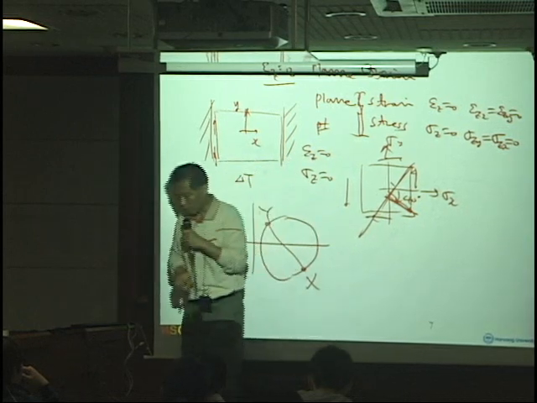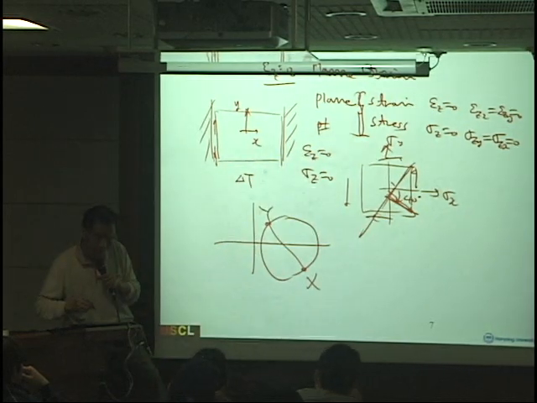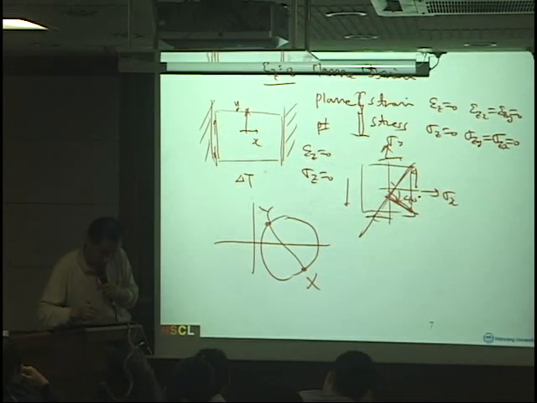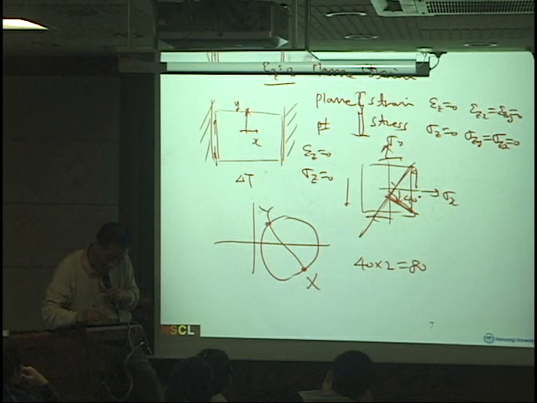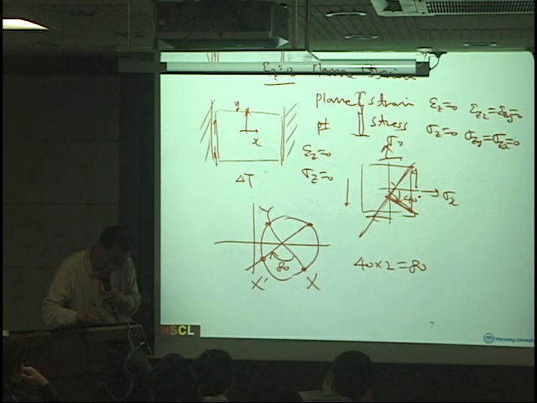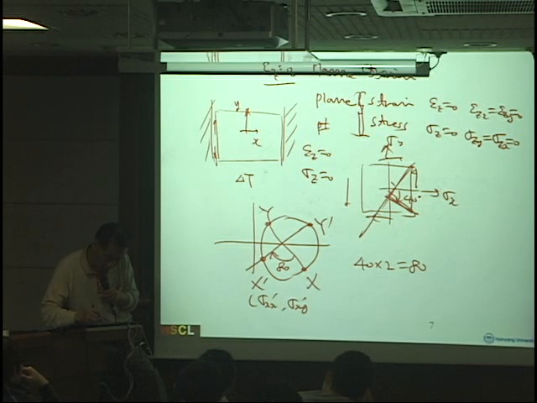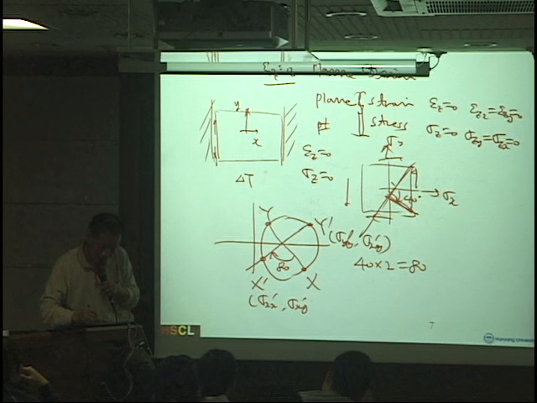So rotate 40 degrees in the negative direction. So 40 times 2 is 80 degrees. We rotate 80 degrees here. And you find this one, and this will be x prime and y prime. This will be sigma x'x', this is sigma x'y', and this will be sigma y'y'.